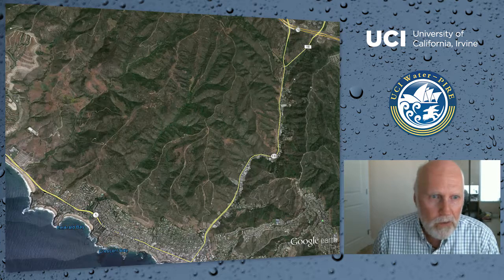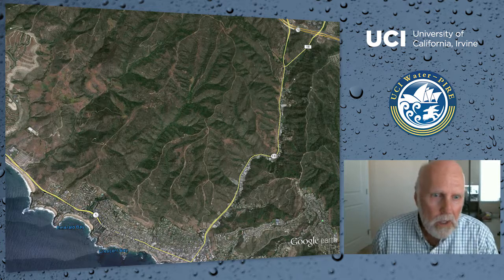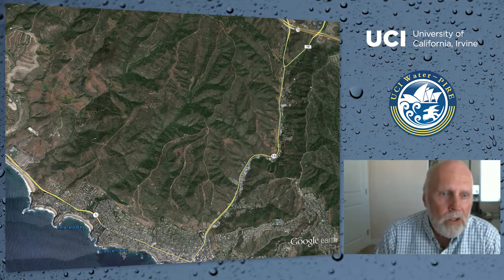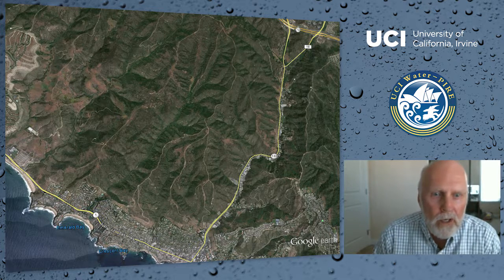If we go to the next slide, slide 3, there's a Google Earth image here of a relatively undeveloped watershed in Orange County by Laguna Beach.